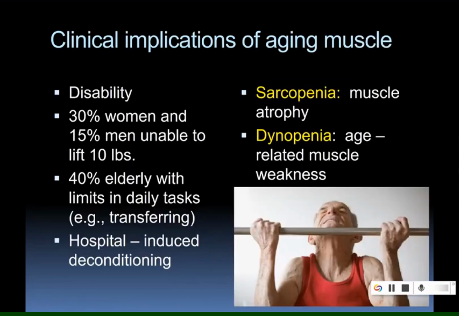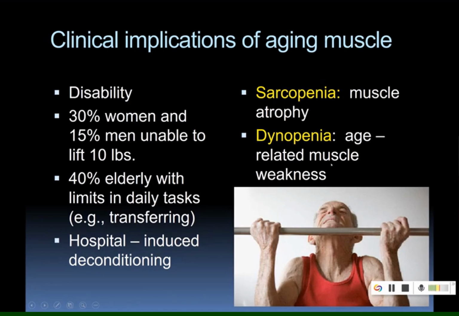So the clinical implications of the aging muscle is that we get this concept of sarcopenia or dynapenia, where you get both muscle mass loss as well as overall weakness of the remaining muscle.